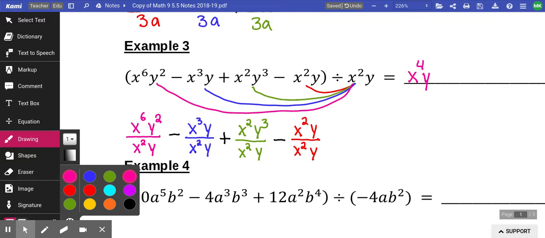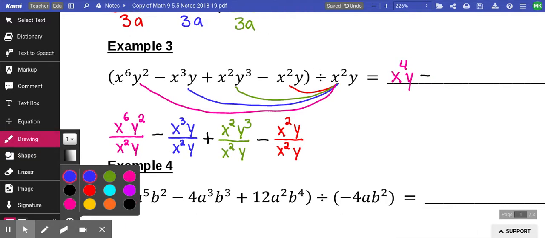Then it's a subtraction symbol. And move on to the blue term. X's with x's, y's with y's. X cubed divided by x squared becomes x to the power of 1. Y to the 1 divided by y to the 1 would become y to the 0. We don't write y to the 0. That means there are none there. So we just don't have a y anymore in that blue term.